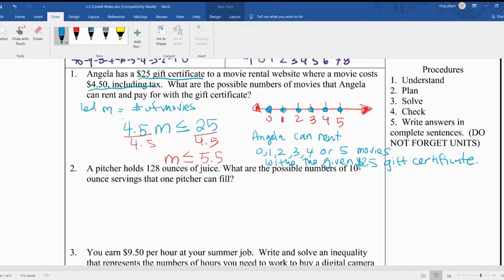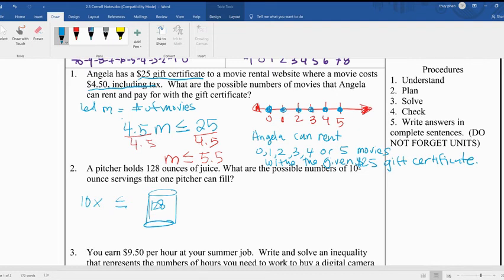So we know a pitcher can hold 128 ounces, and 10 ounces is equal to 1 serving, so that would be less than or equal to 128.